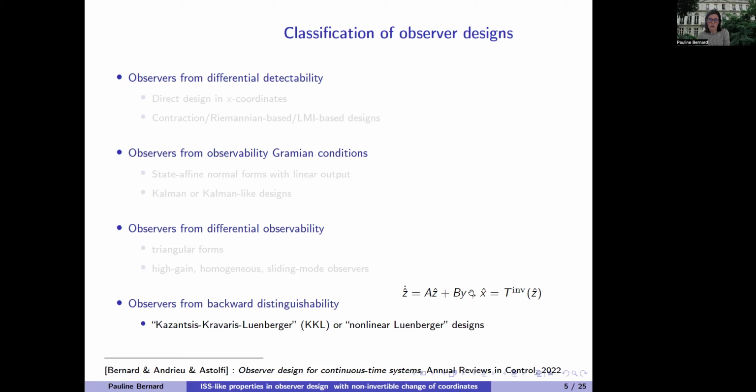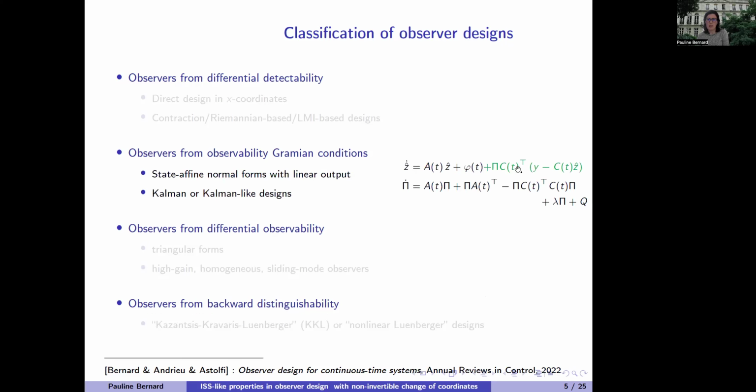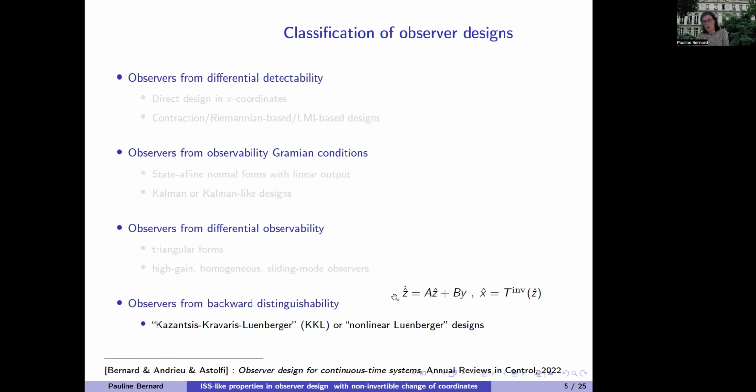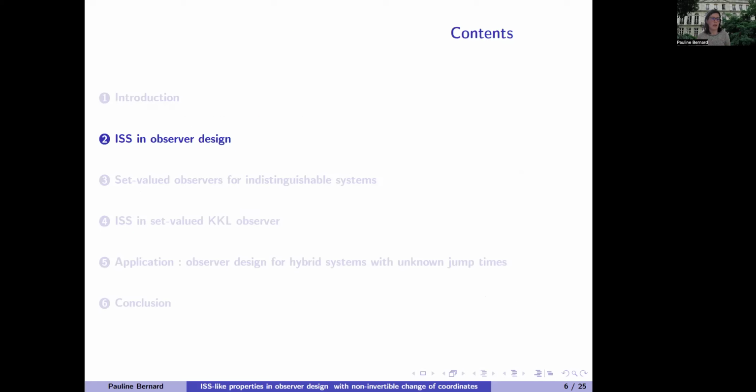So the output is not assumed to be or required to be linear in Z. So y could be any nonlinear function of Z, while when you were with Kalman designs, you had y that had to be linear in Z. And this allows you to reach a much greater class of systems and guarantee that you can obtain this form under just distinguishability conditions that we will come back to later. So in any case, this is sort of a big, very quick overview of the designs.